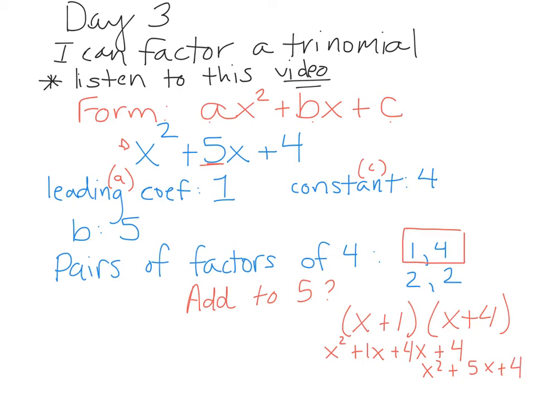So how did we do that? Well, factors of 4 that add up to 5. That's kind of our strategy. That's what we're going to be doing here. This might have gone fast, but we're going to go a little bit slower on each of these problems.